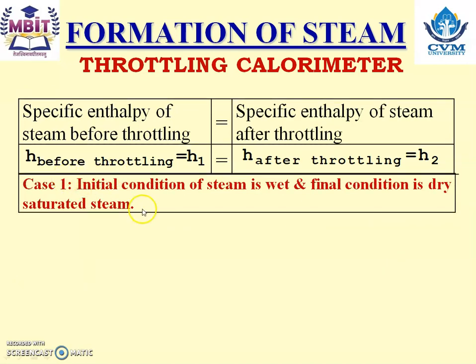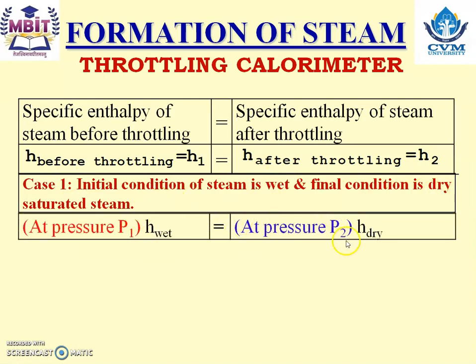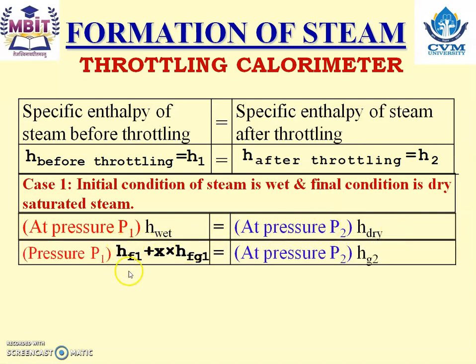Now let us take case 1, wet converted into dry steam. The equation we have already studied: H wet becomes H dry. So the equation is Hf1 plus x into Hfg1 equals Hg2. Please make sure that Hg2 is taken at pressure P2, that is low pressure, and Hf1 and Hfg1 are taken from the steam table at pressure P1, which is high pressure. Then we can calculate x for case 1.